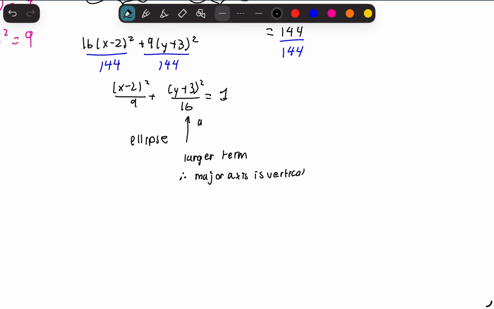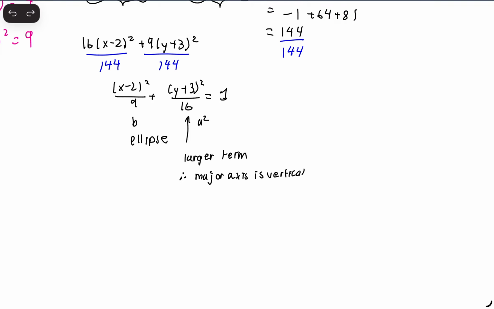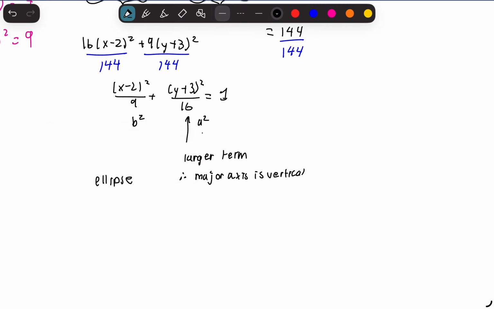That's because this is going to be a squared, and that's going to be b squared. So that means that A is equal to 4, B is equal to 3.